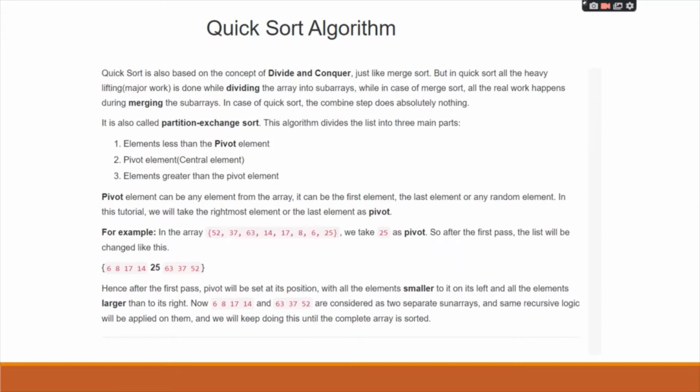Now 6, 8, 17 and 14, and 63, 37 and 52 are considered as two separate sub-arrays. It has been misprinted here, and the same recursive logic will be applied on them. We'll keep doing this until the complete array is sorted. Now we'll look into the algorithm using a pictorial representation to make it much clearer to you.